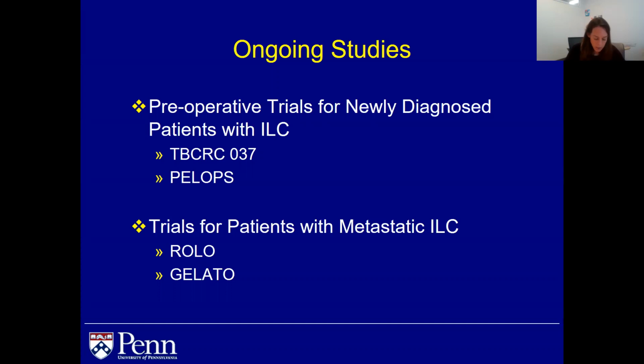Next, the Gelato study is looking at a combination of carboplatin, which is a commonly used chemotherapy drug, in combination with a drug called atezolizumab, which is actually an immunotherapy drug. And the reason that they are using this combination for patients with metastatic ILC is that there are a subset of ILC tumors that express what we call immune cell markers, and then also have an increased infiltrate in the tumor of immune cells.